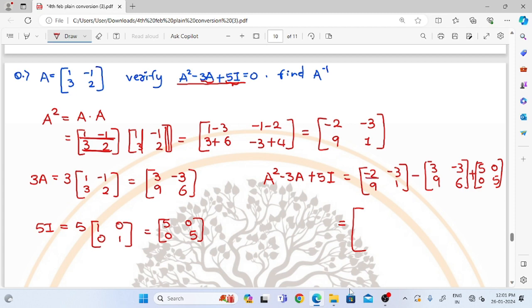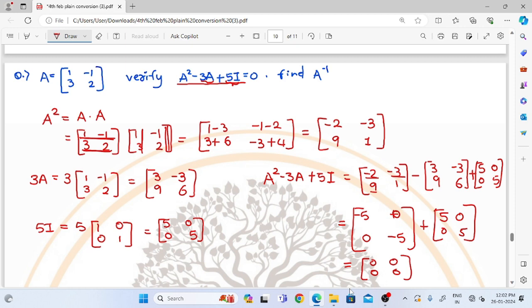Minus 2 minus 3 is minus 5. Then minus 3 minus minus 3 is plus 3, that is 0. Then 9 minus 9 is 0. Then 1 minus 6 is minus 5. Plus the last matrix, [5, 0; 0, 5]. If you add, minus 5 plus 5 is 0, 0 plus 0 is 0, 0 plus 0 is 0, minus 5 plus 5 is 0. So it is satisfying this.